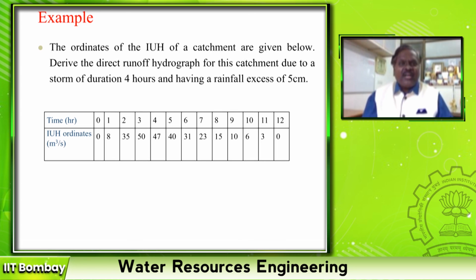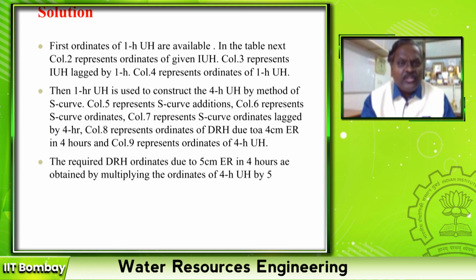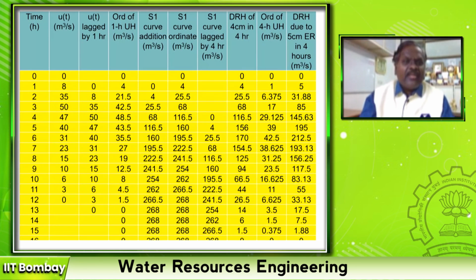For example, in this case, the ordinates of instantaneous unit hydrograph of a catchment are given below. Derive the direct runoff due to a storm of 4 hours and having a rainfall excess of 5 centimeter. I put it in a tabular form.